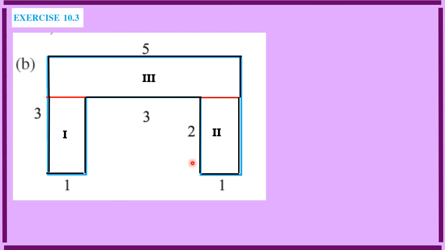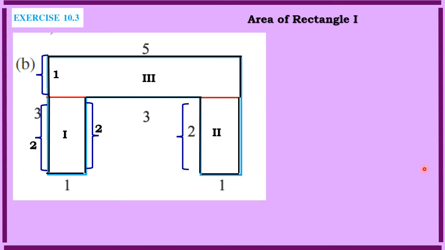This is given as 2. Observe. So when this is 2, that much is 2. So what will be that upper part? That will be 1. Clear? Now this also 2.